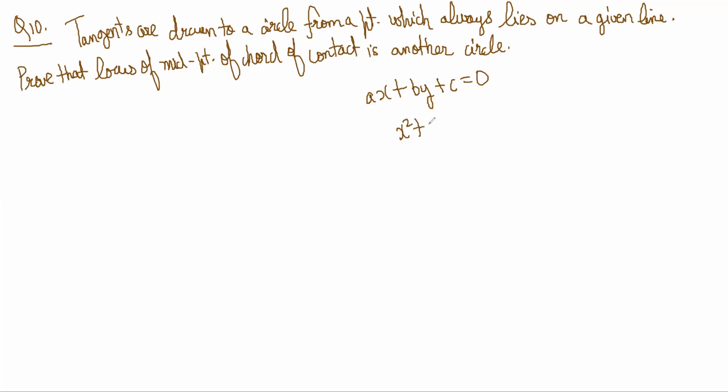Let's say my circle is this. This is a given line and a given circle. Now, let's suppose any point alpha comma beta on this line. Can you just give 2 minutes? I'm trying it. Yes, sir, even I'm trying.